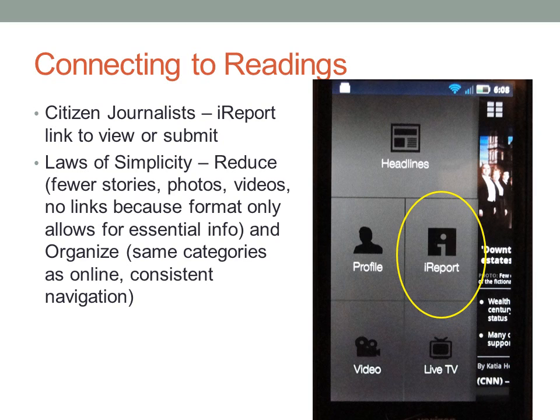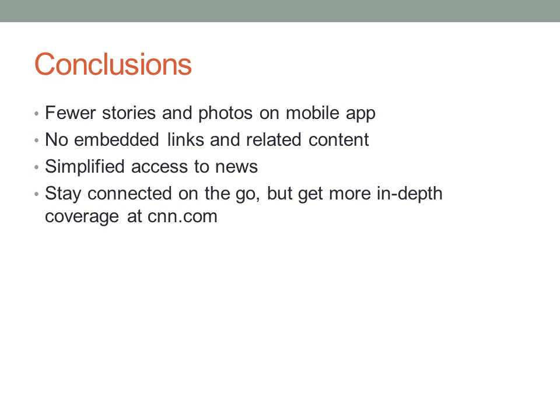The app also, I believe, applies Maeda's laws of simplicity, essentially the reduce and organize laws. Through reduce, there are fewer stories, photos, videos, and no links throughout, because only essential information is allowed with that format. And by organize, you see the same categories as online, and there's very consistent navigation throughout, so if you're used to their site, you'll know how to find what you're looking for.